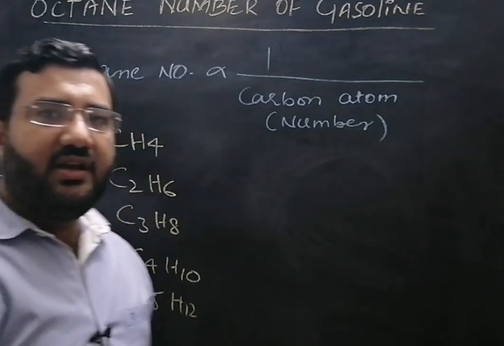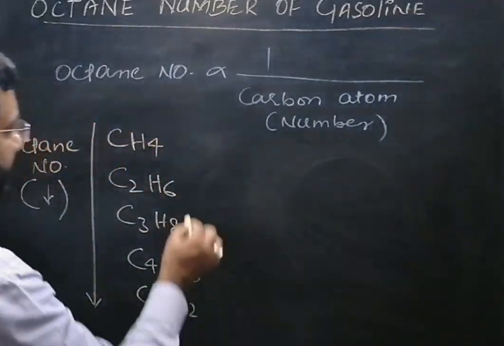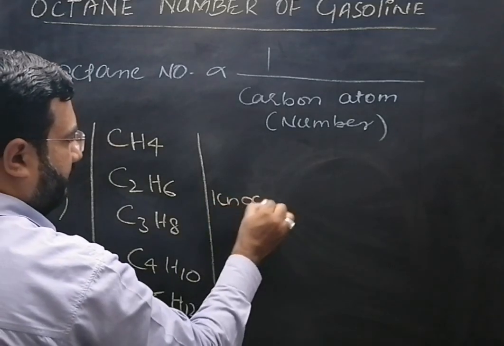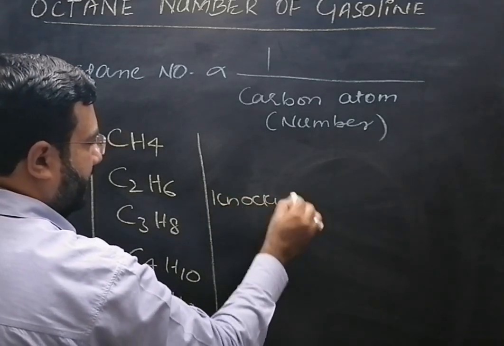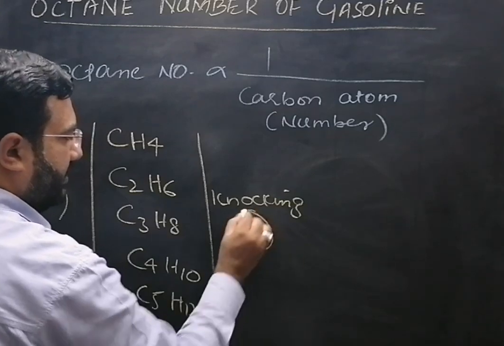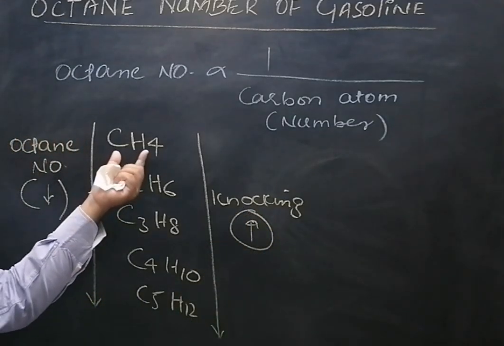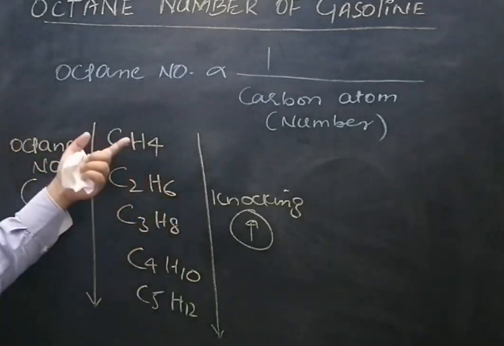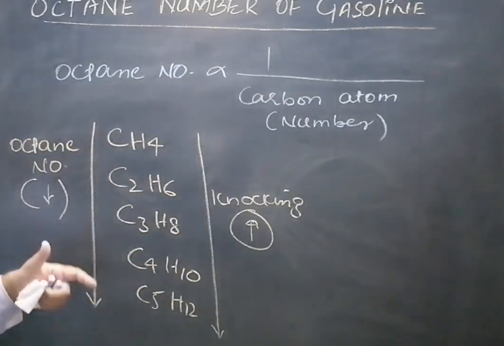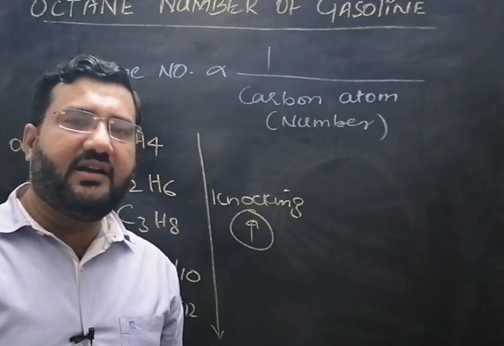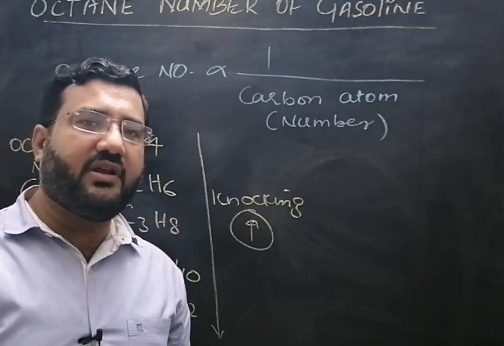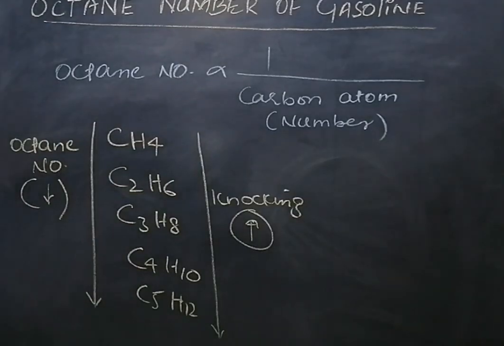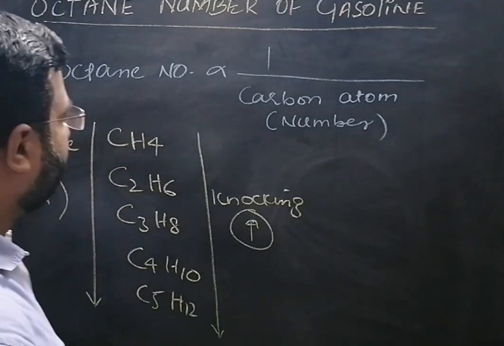And as the octane number keeps on decreasing, the tendency of knocking will keep on increasing. So methane has the maximum octane number in case of the alkanes, and as the number of carbon atoms increases, octane number keeps on decreasing, and dear students, the chances of knocking are increased. So this one is the first factor which affects the octane number.